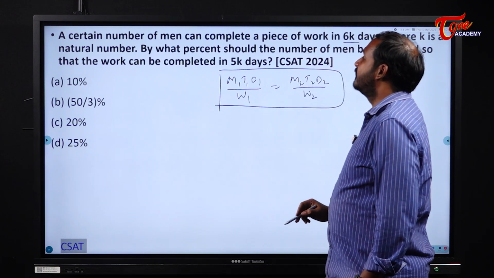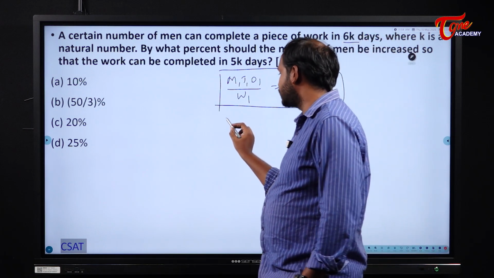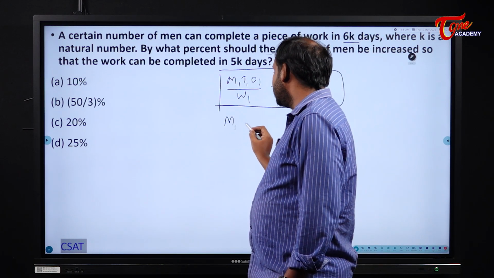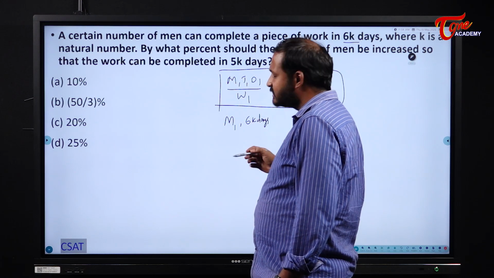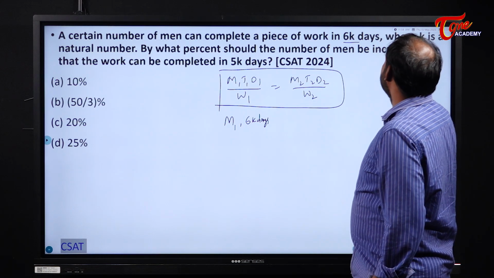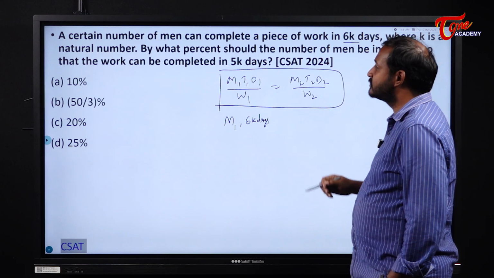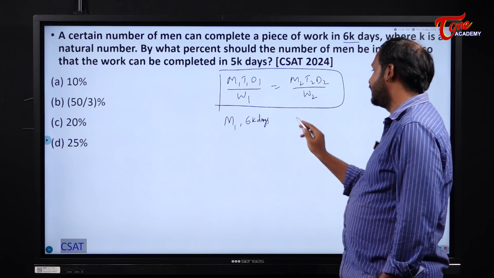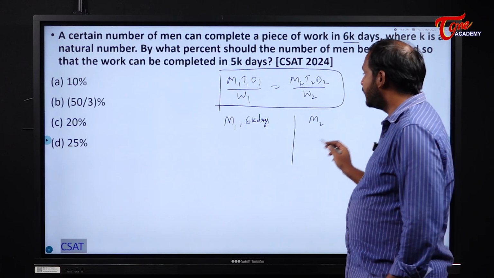Assume some M1 men in 6k days. If they don't mention hours, it means equal hours. Now, where k is a natural number, by what percent should the number of men be increased so the work will be completed in 5k days? Now the new M2 and the days should be 5k.